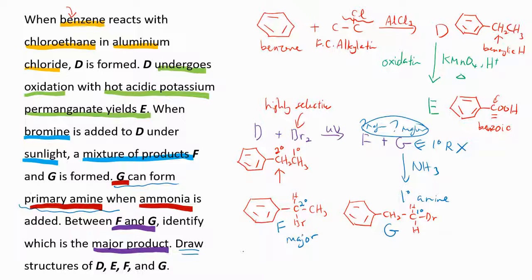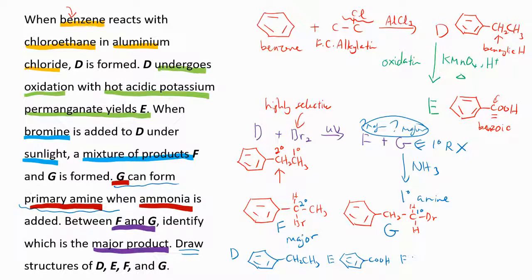Of course, the question asks us to draw the structures, so you need to draw again D, E, F, G. You just draw again your D, that is ethylbenzene. Then your E would be benzoic acid.